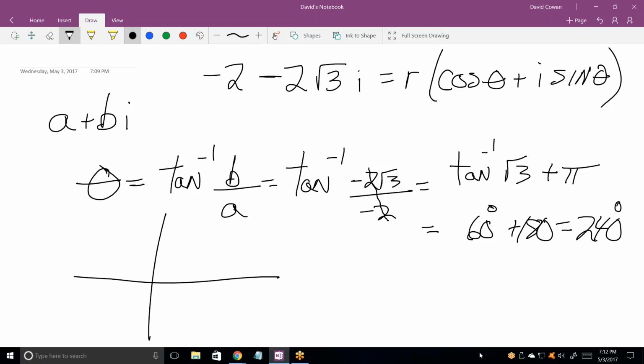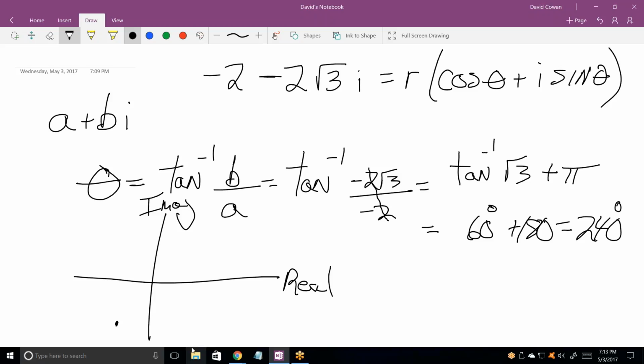Yeah, if I look at this complex number, when you plot complex numbers, the real part goes on the horizontal, the imaginary part goes on the vertical. So if I'm graphing that, I'm going 2 units to the left, and then I'm going down root 3. So there's the point on the complex graph.